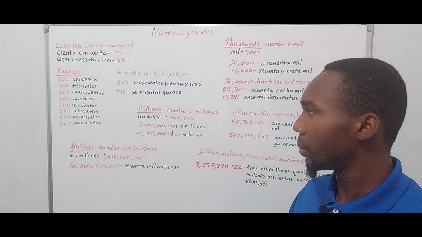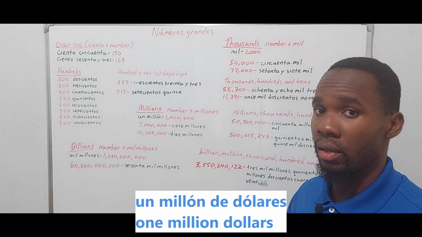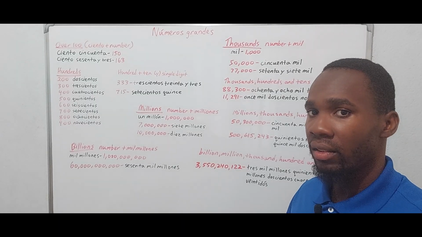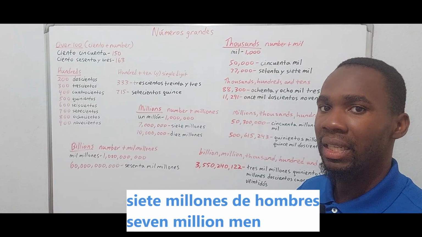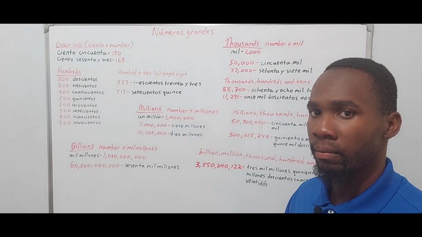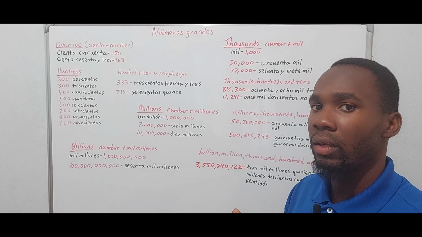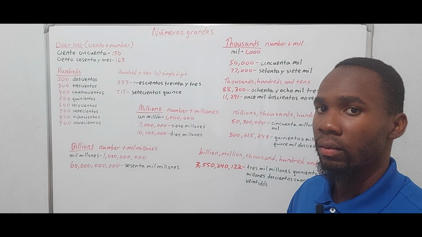Okay? So for example, un millón de dólares, 1 million dollars. 7 millones de hombres, 7 million men. Once we just have million and there are no other units, right?